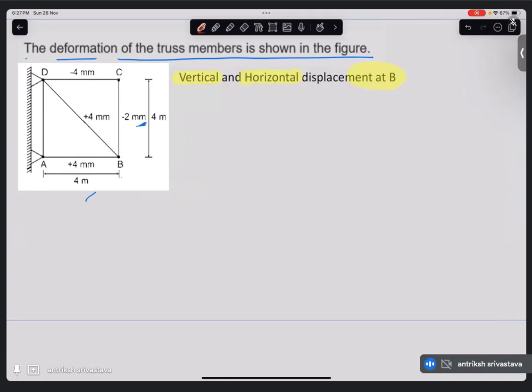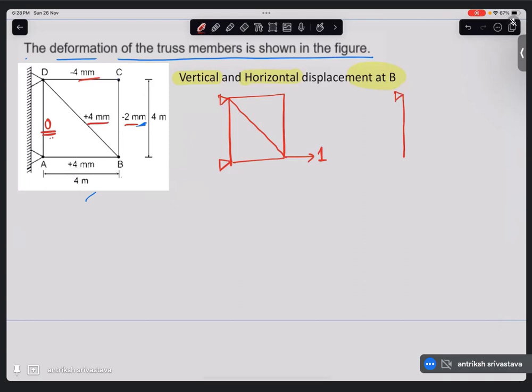Since we already know all the deltas, and this delta is 0, let me draw. For horizontal, we are going to put 1 newton or 1 kilonewton, just one unit force in this direction at B. And for vertical, we are going to put a unit force in this direction.